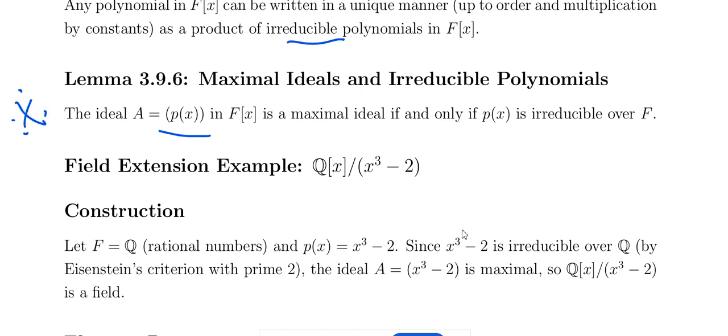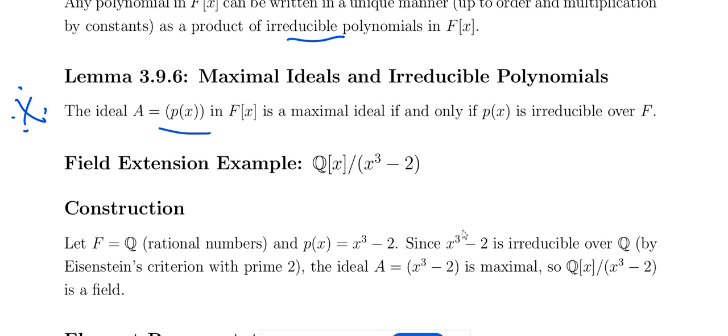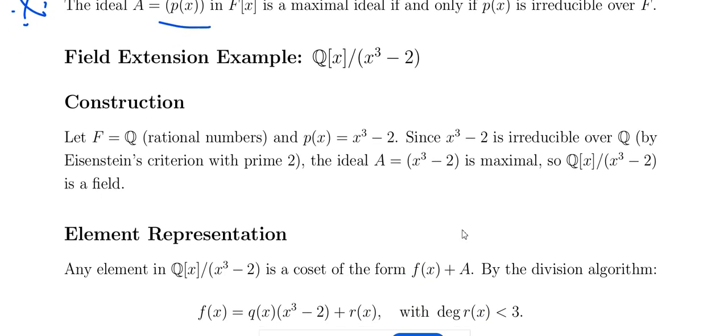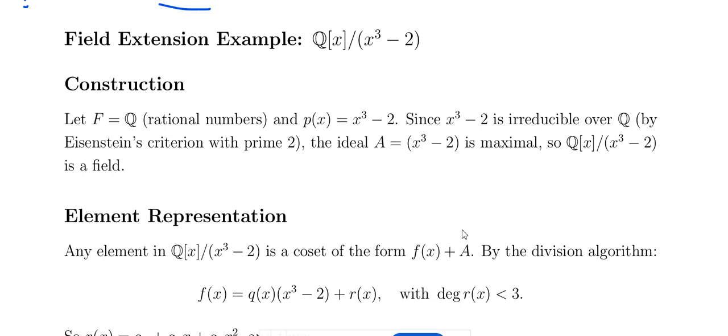Okay, and field extension. For example, Q of x divided by x cube minus 2. Q means the rational numbers, and p of x equals x cube minus 2.